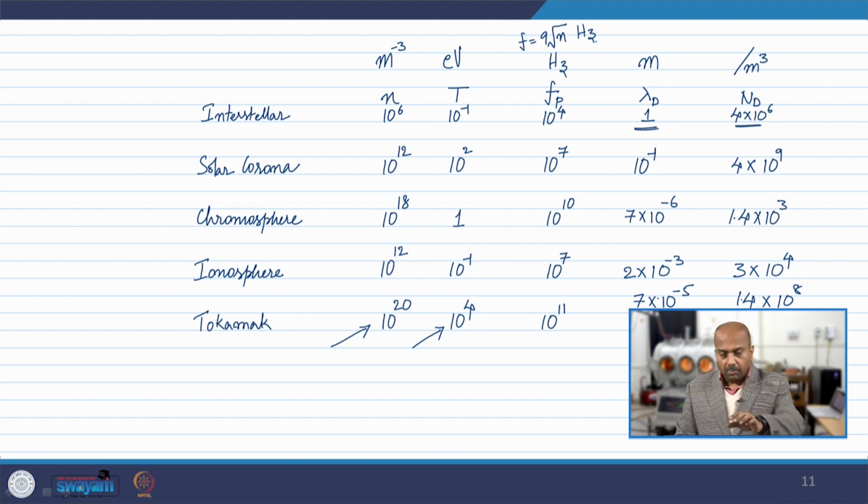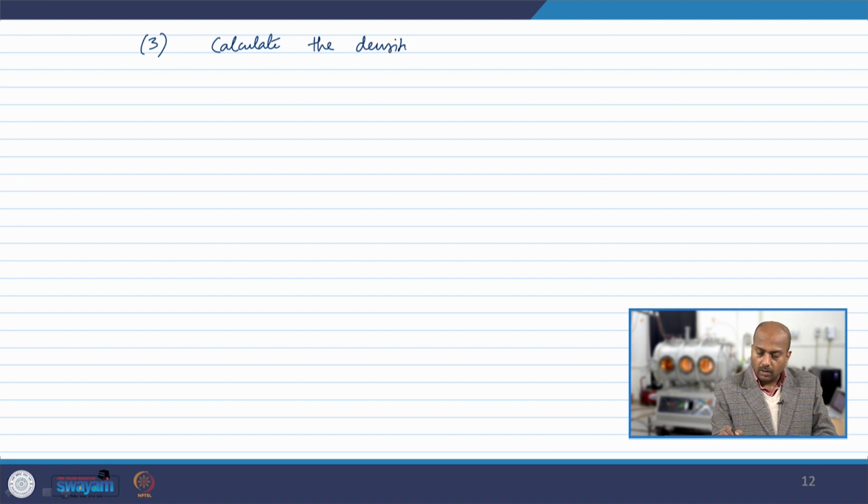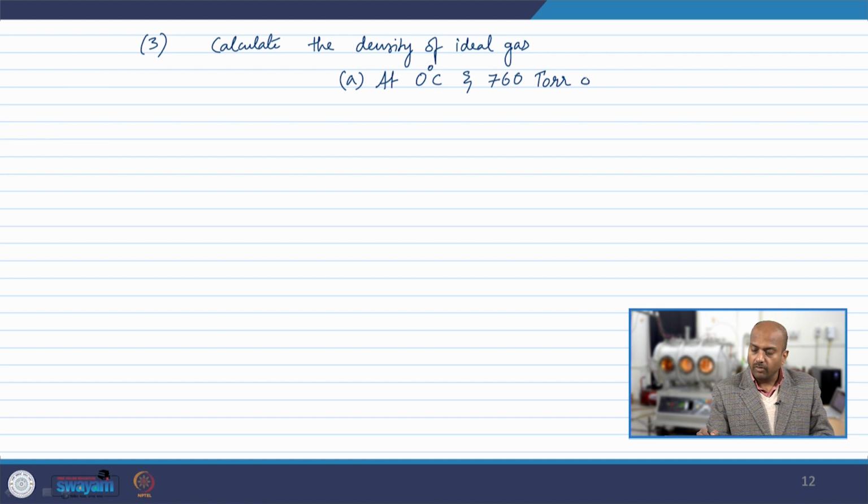We can take one more example to visualize how much density we are talking about, or what is the relevance of density. Let us say example number 3: calculate the density of an ideal gas at 0 degree Celsius and 760 torr of pressure.